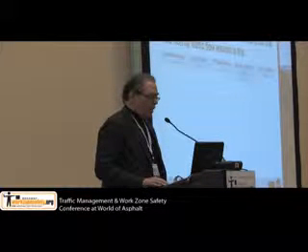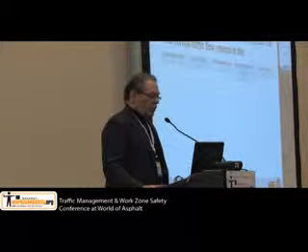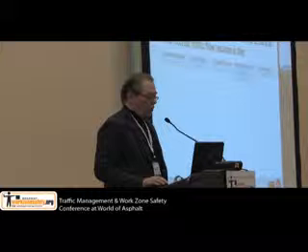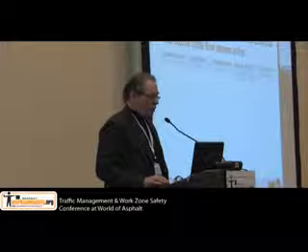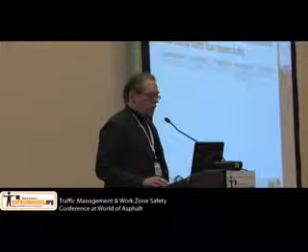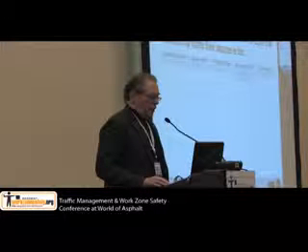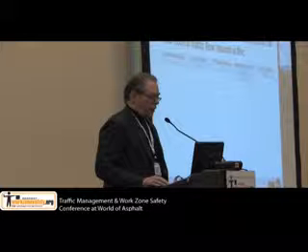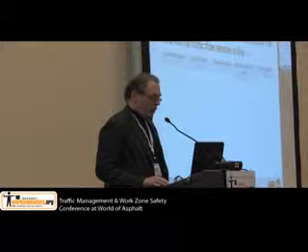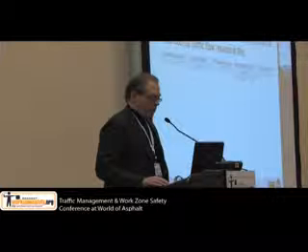So let's start polling and let's see where we are now. The area of temporary traffic control zone that lets normal traffic flow resume is: 1, termination area; 2, the activity area; 3, the transition area; 4, the advanced warning area; or 5, I don't know. And let's see where we are, 69, 70, and just because we're going to move quickly, I'm just going to start doing those.